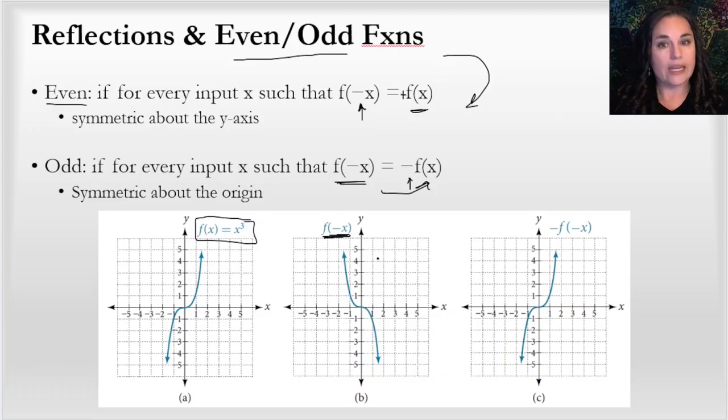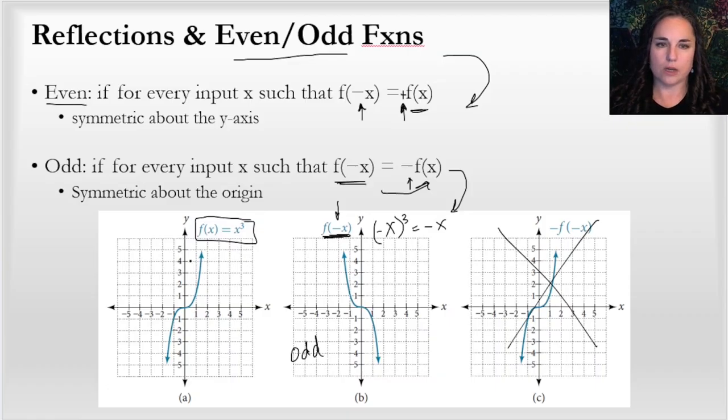Again, I'm mirroring, taking the function, visualizing it on that graph, and flipping it from left to right. When I put in negative x cubed, I get a negative output. So it flips.